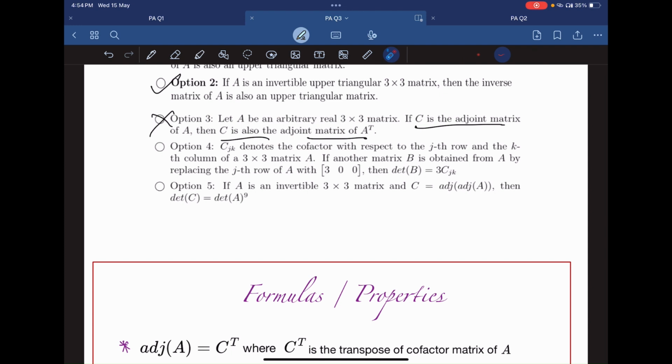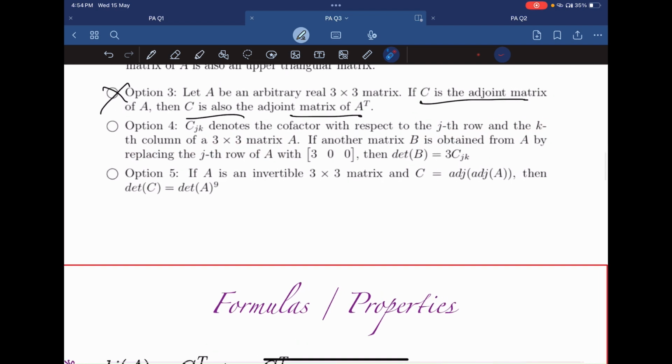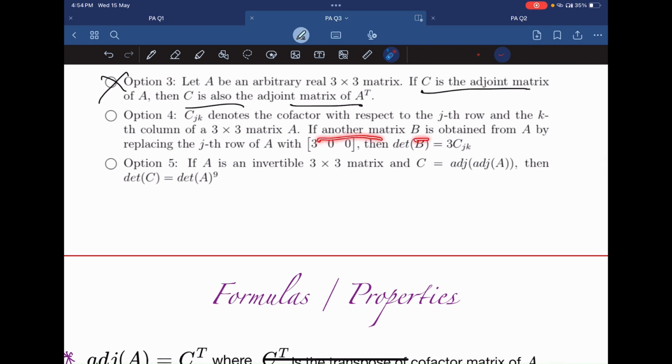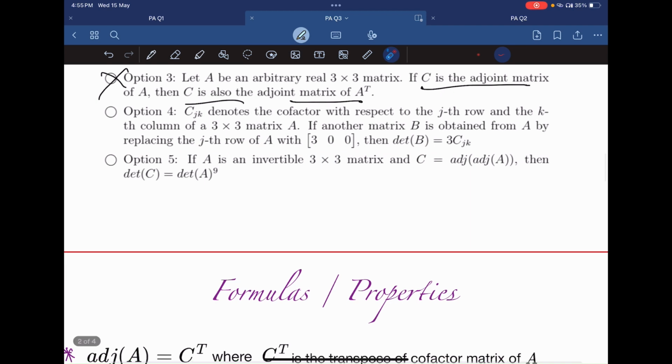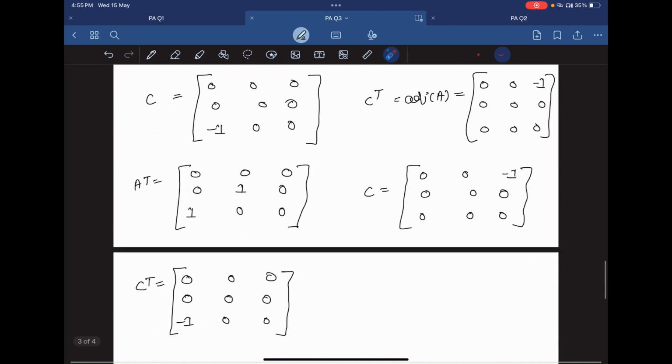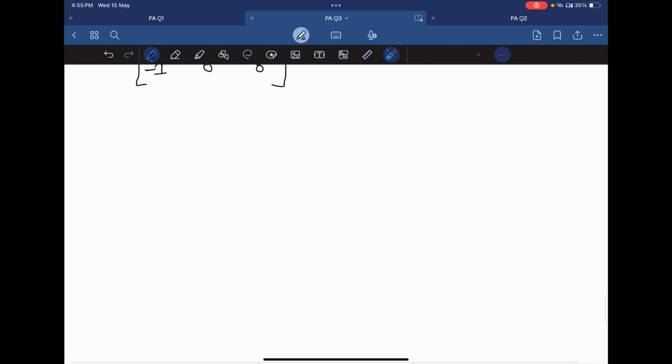Now let's check option 4. Cjk denotes the cofactor with respect to jth row and kth column of a 3 cross 3 matrix. If another matrix B is obtained from A by replacing the jth row of A with 3, 0, 0, then determinant of B is 3 times Cjk. So let's look at option 4.